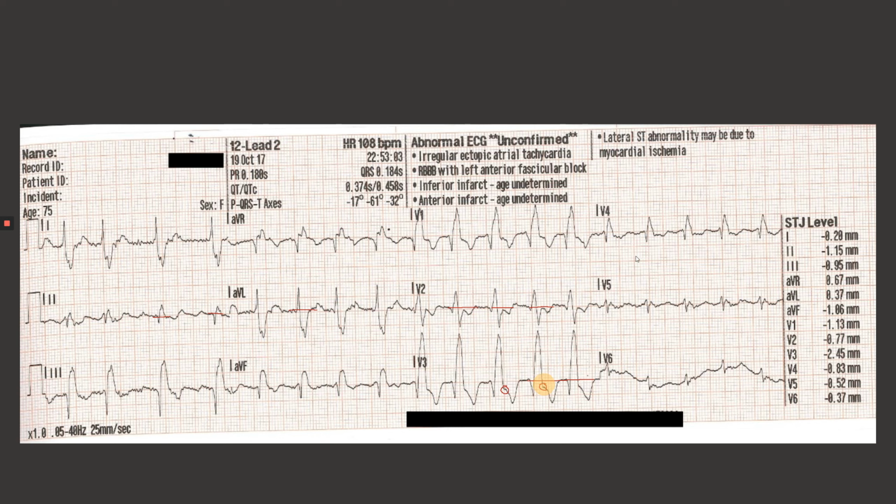So I have depression here. Doesn't mean I'm having a heart attack. Does not mean that necessarily. You have to look at the way the patient presents, that's one of the big things here to determine whether that's damage being done. Got a little bit of depression here. But what I don't have is elevation, and I don't have it in two or more contiguous leads. So this is not going to be a STEMI.